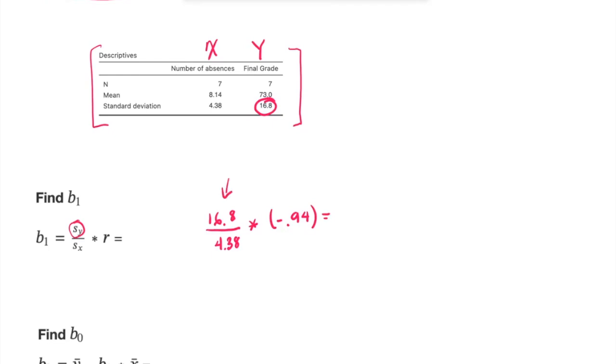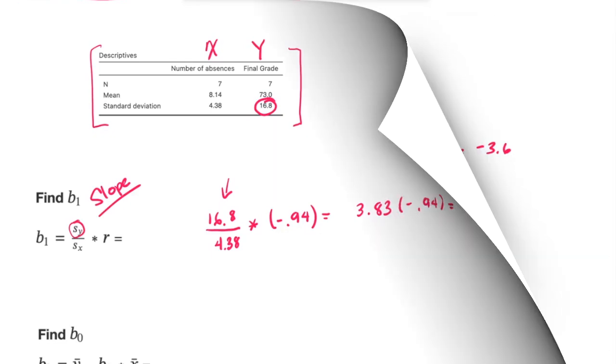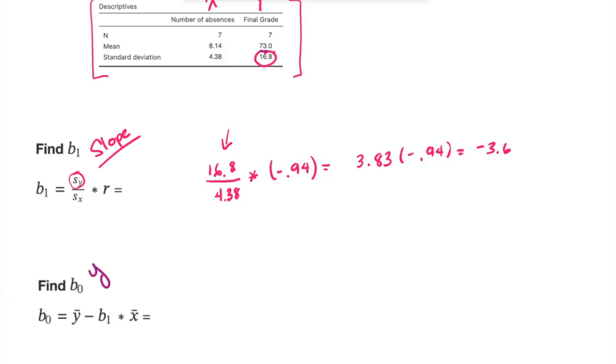This piece is just 3.83 times negative 0.94, so it's going to be negative. There's a relationship between slope and the correlation, so the sign will stay the same: negative 3.6.